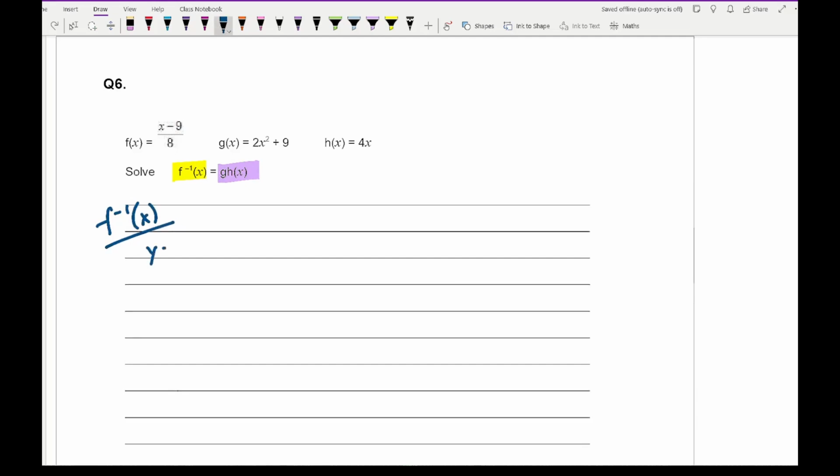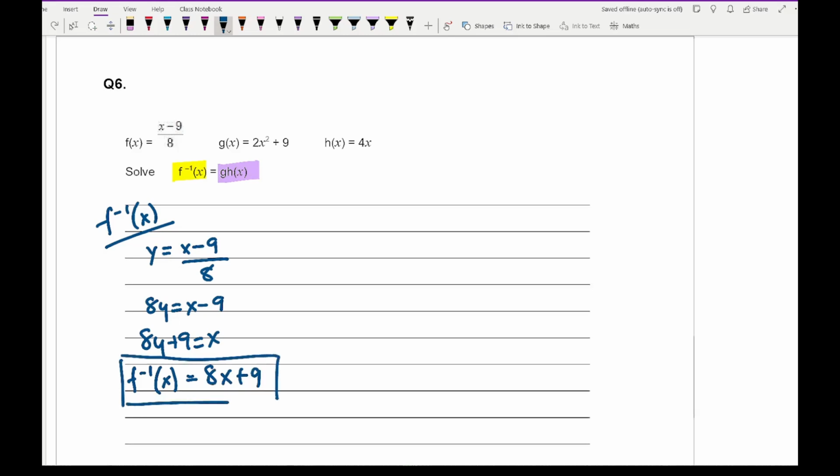For this, what we need to do is make the function of f equal to y. And then I need to make x the subject. So we take the 8 over to the other side, and then take the 9 over, so 8y plus 9 equals x. And then all I do is change the x for the inverse function and change the y for an x. So the inverse function of f is going to give me this.